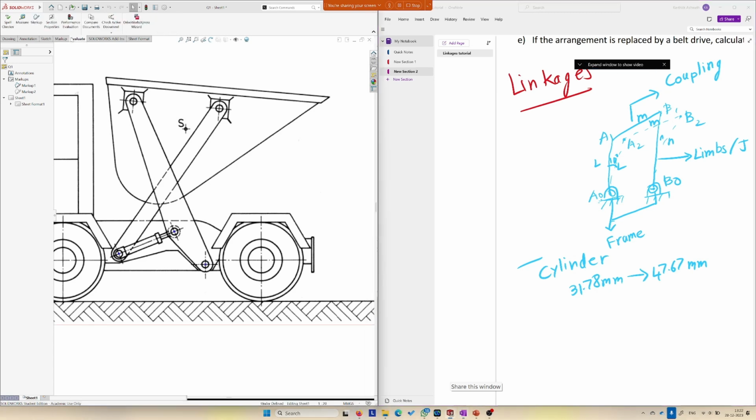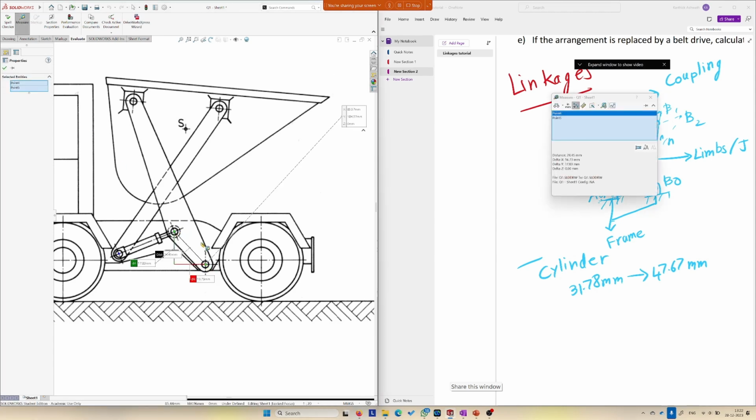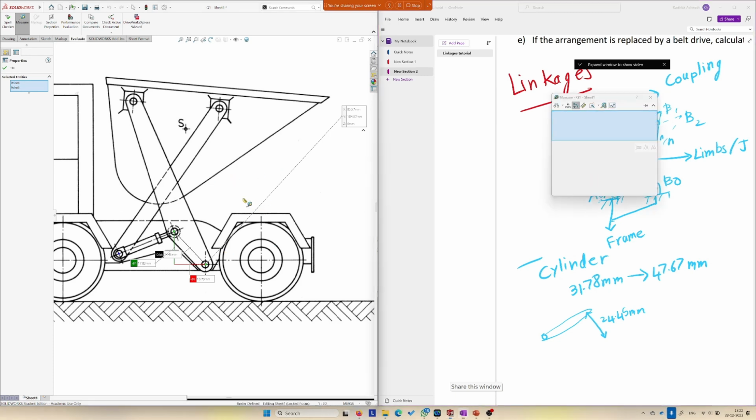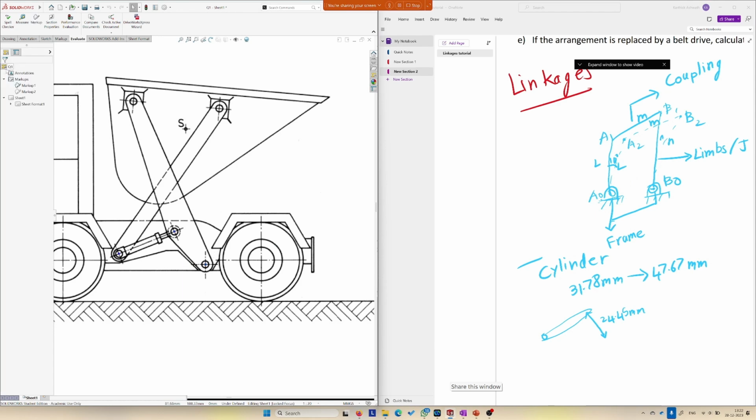So let me measure that. We'll take the distance along the line. It's 24.45. So we have the cylinder length, and this length here is 24.45.